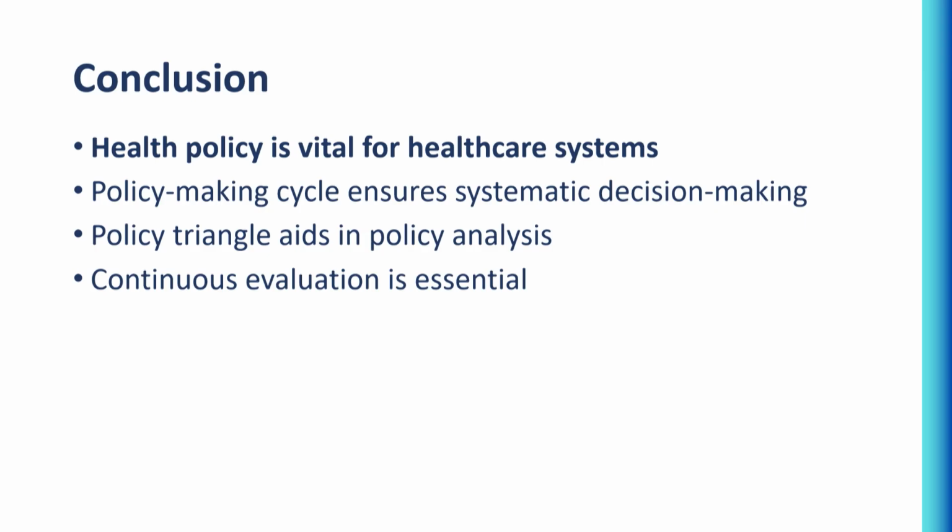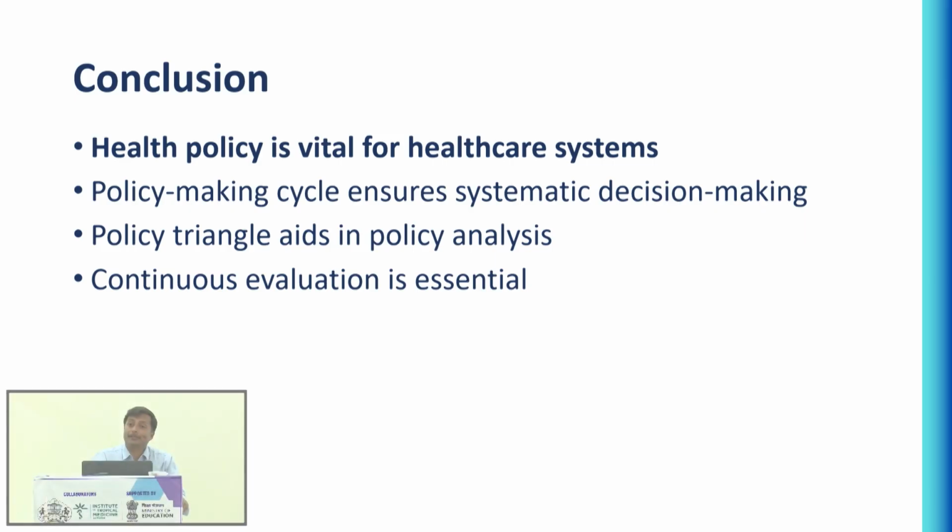And finally, to conclude, health policy is vital for healthcare systems. The policy making cycle ensures systematic decision making. The policy triangle aids in policy analysis, and continuous evaluation is essential.